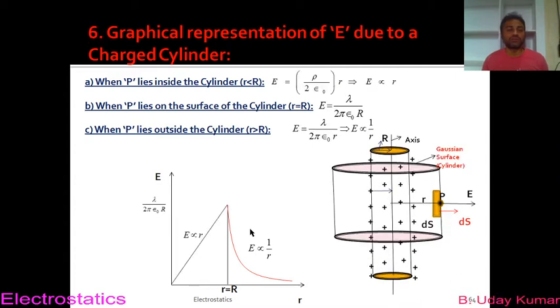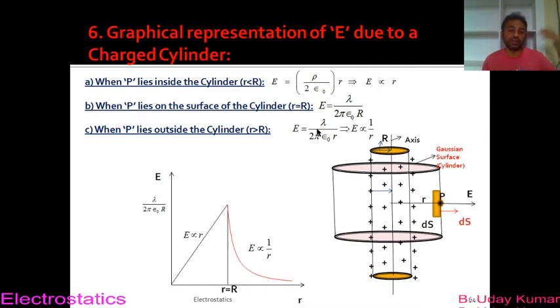And the next one, this is the graphical representation of E due to a charged cylinder. You know that it's a charged cylinder, and we determined E at a point P on, outside and inside the cylinder, and those formulas were given by this equation.